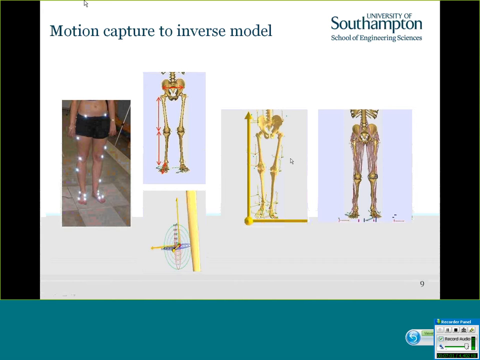So again, you have to be fairly subjective in this process of converting the lab-based data into the AnyBody model. However, there are some nice features in AnyBody which make life a lot easier, and we'll touch on those in a bit.